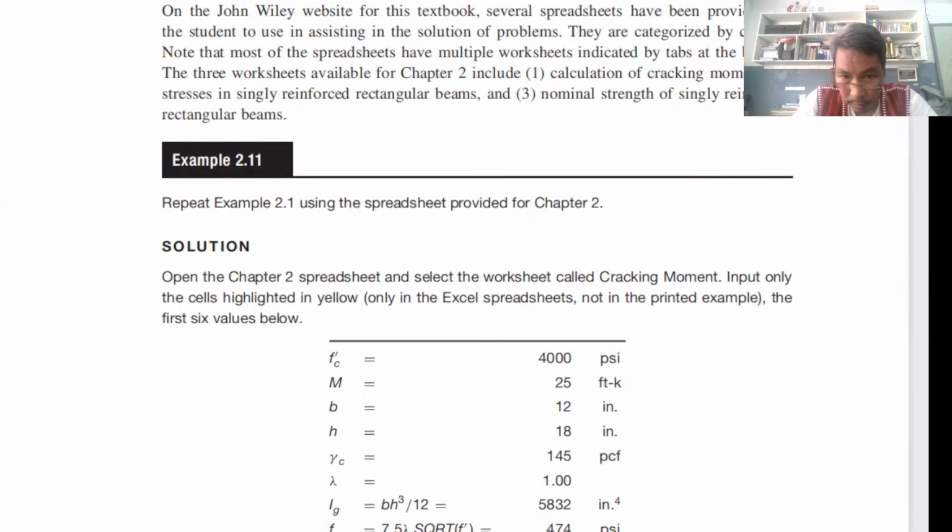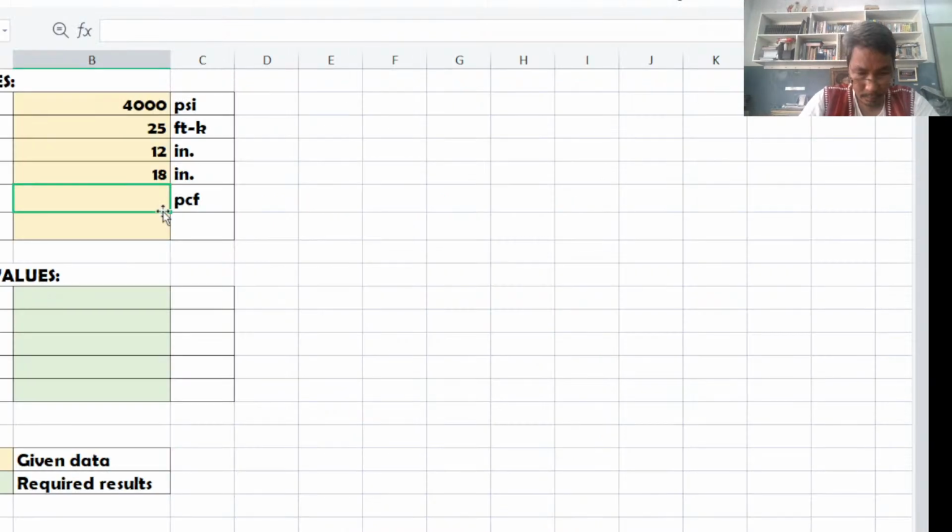Then 145, then 1. So 145 and 1.0. So these are the given.